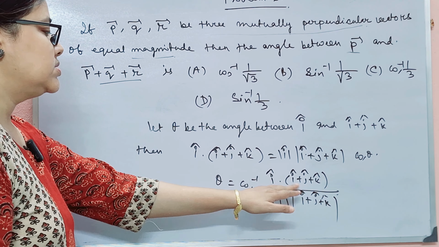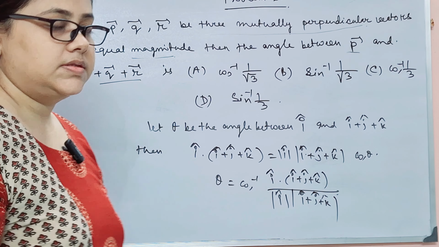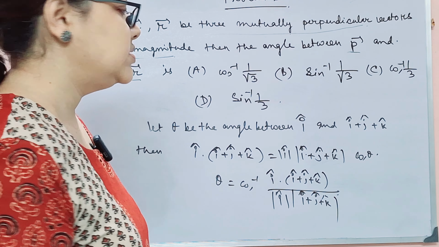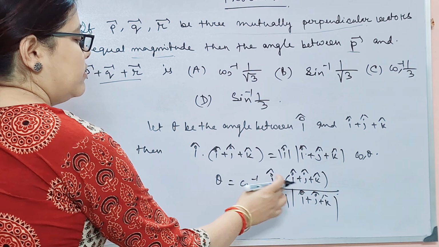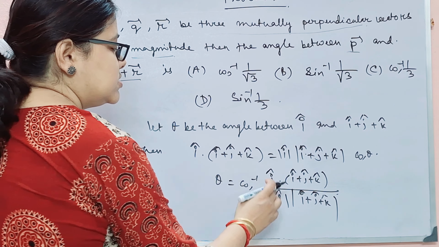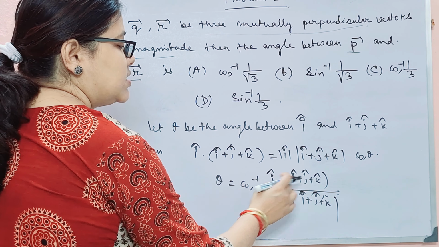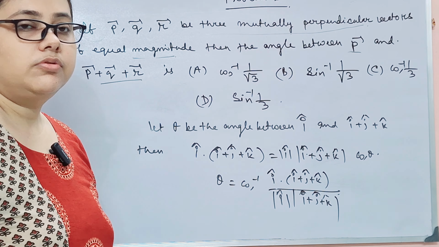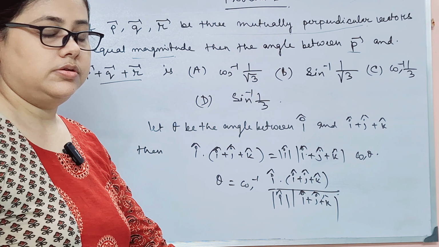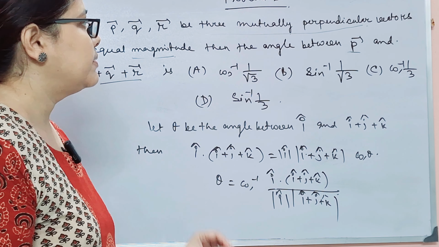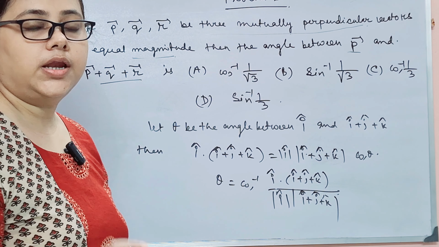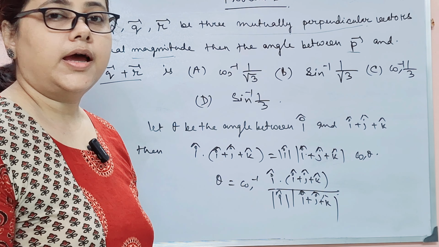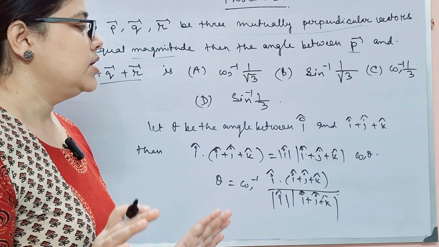Since scalar product or dot product is distributive, I can expand this dot product as i dot i plus i dot j plus i dot k. Now we know that i dot j will be 0 and i dot k will be 0 because these are three mutually perpendicular vectors and the angle between any two vectors will be 90 degrees and cos 90 will be 0.